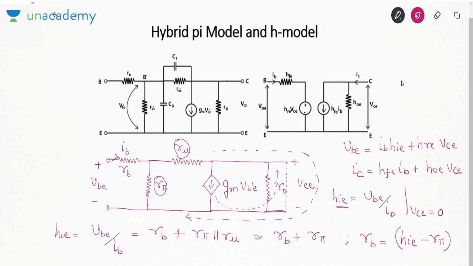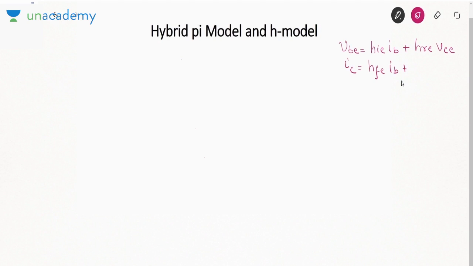I told r pi was nothing but beta re. So we know the value of r pi. We can calculate rb using the H parameter, that is hie. So I'll rewrite the equations here. We wrote hie IB plus hre VC, hfe IB plus hoe VC.